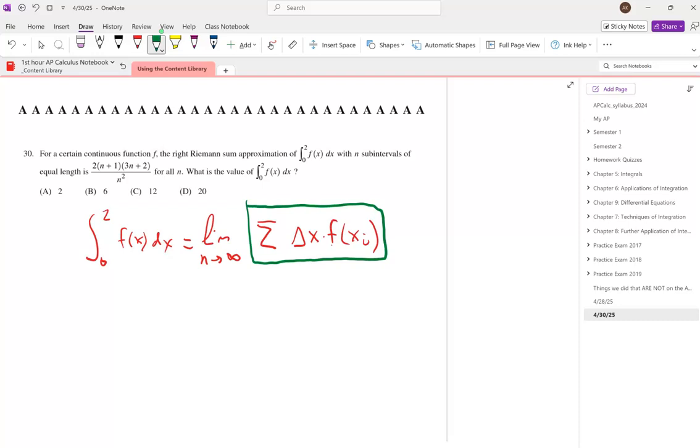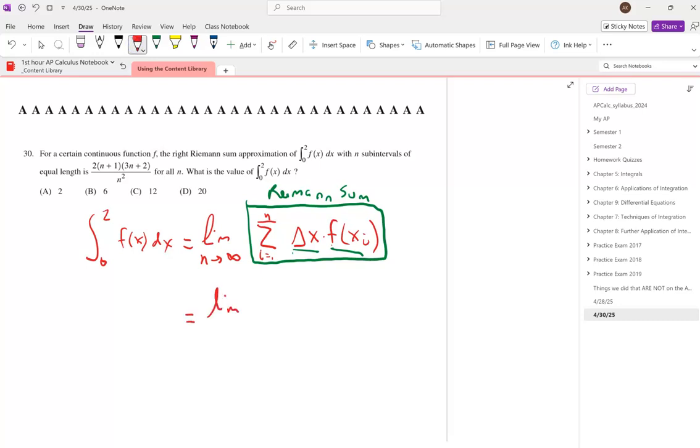This part, I guess it's i equals 1 to n or something, is just our Riemann sum. That sum, where we're multiplying the height of the rectangle, the value of the function, by the width of our subinterval, is a Riemann sum right there.